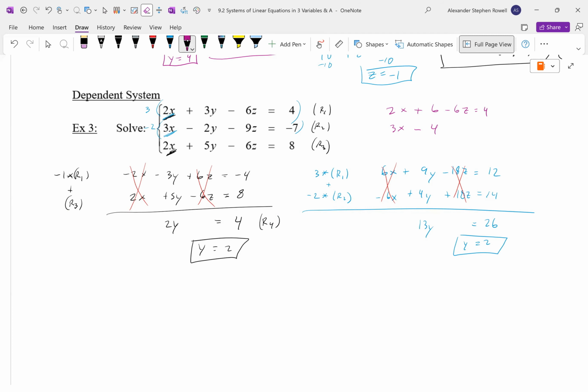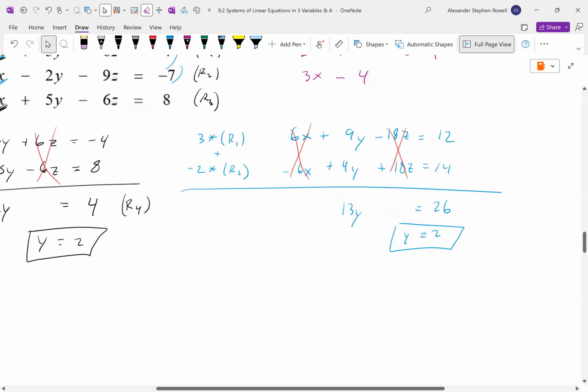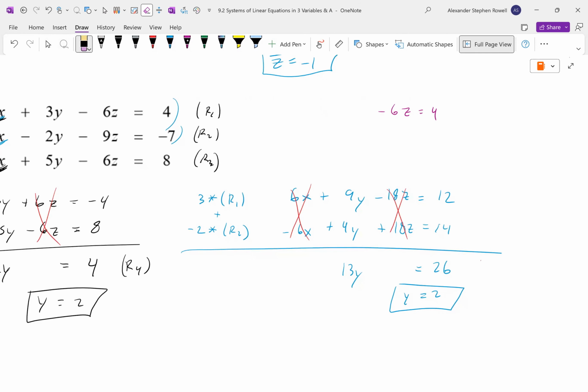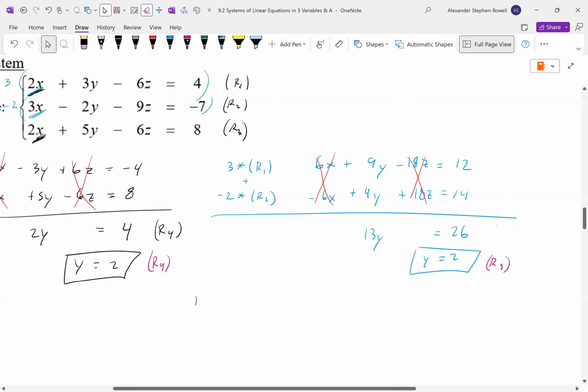3x. Okay, actually, forget that. We've already proved it's dependent. I'm sorry. This is equation 4, and this is equation 5. So we could do equation 4 plus negative 1 times equation 5.